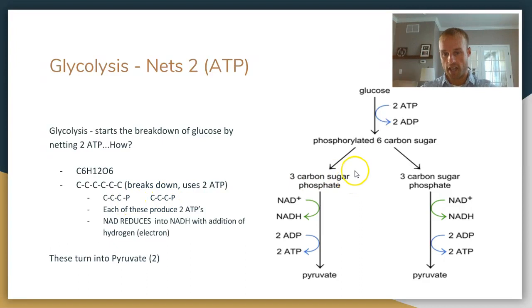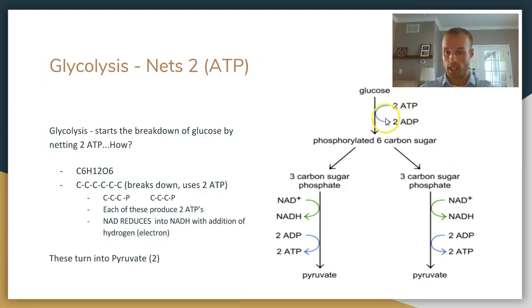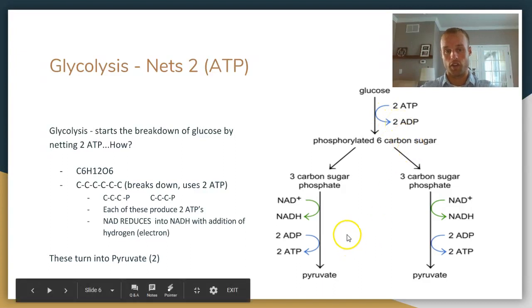You can see right here that there's an NADH that's given off, which we talked about, and 2 ATP for each, so that's 4. But as you can see up here, we have 2 ATP going in, so we have to account for that. So it's 4 minus 2. We really only net 2 ATP.